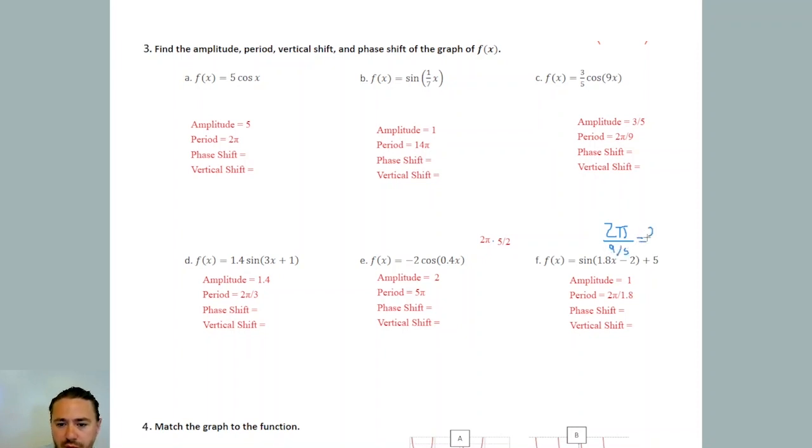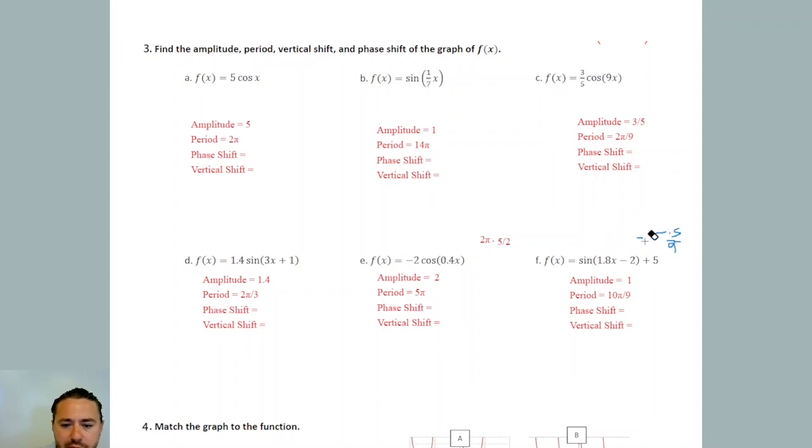Now I'm really putting my fraction skills to work here. So 2 pi times 5/9. 2 times 5 is 10, divided by 9. You can't reduce that, so it's just going to be 10 pi over 9. All right, let me clear all this out of the way.